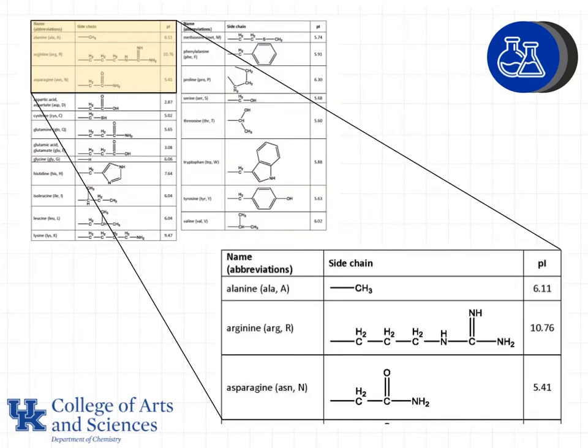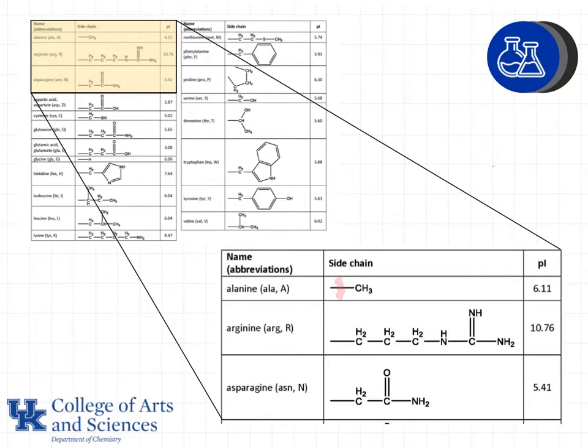So let's zoom in on this reference table. The table at the top is what you'll actually get provided on the exam. I've zoomed in on a small section so that we can look at some of the information given there. First, we see the name and the abbreviation of each amino acid. We see the side chain, which represents where it connects to the backbone of the amino acid.